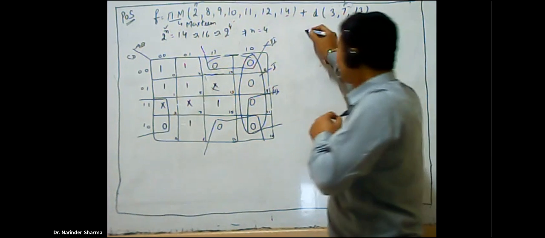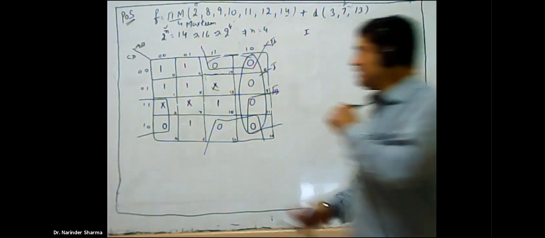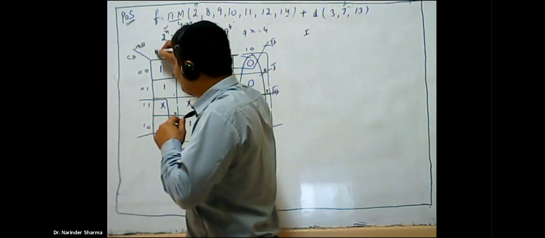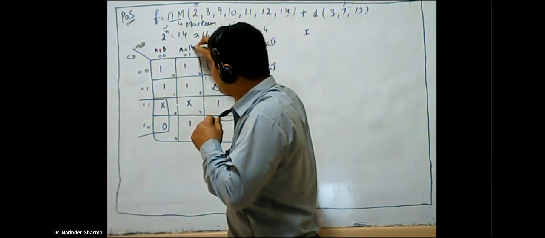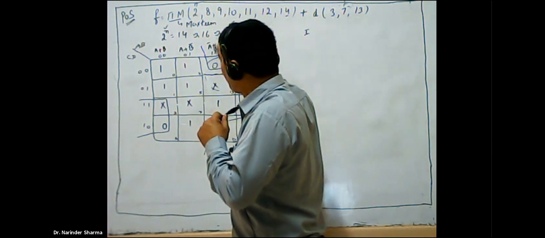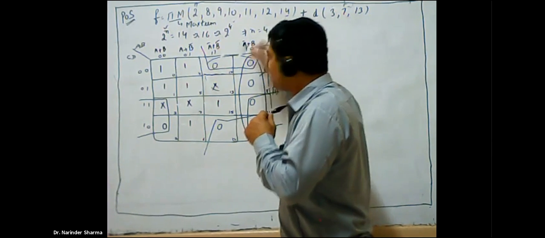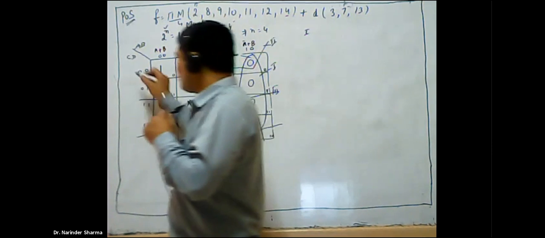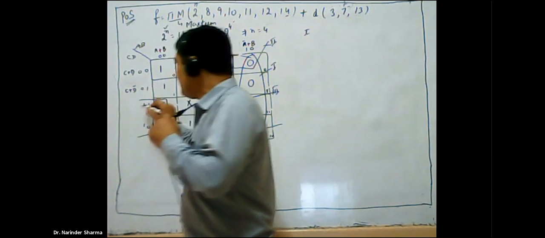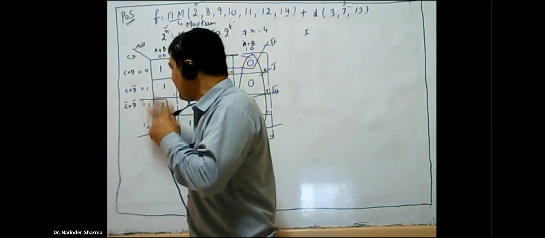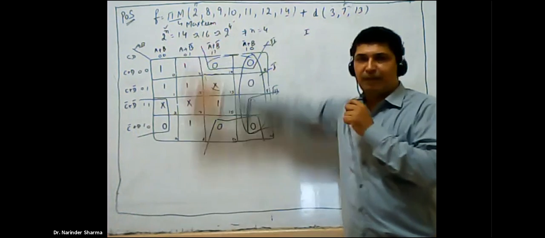We will mark as number 1. For that, we have to assign the variables at this position. 0 0 means A plus B. 0 1 means A plus B bar. 1 1 means A bar plus B bar. 1 0 means A bar plus B. This is 0 0, that would be C plus D. 0 1, C plus D bar. 1 1 is C bar plus D bar. 1 0 is C bar plus D. We can fill up these values.